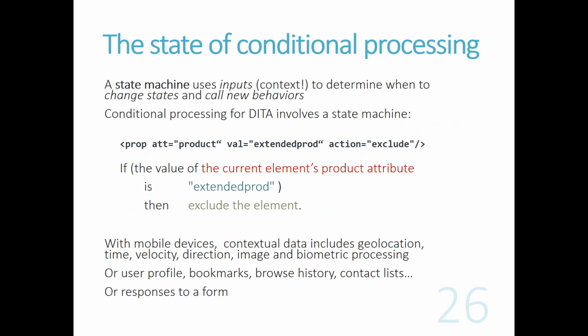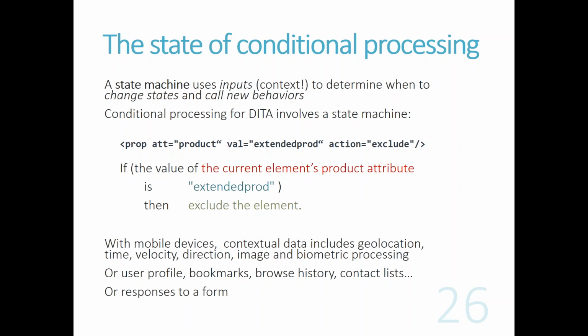When you read that in a human readable form, what that really is saying is if the value of the current element's product attribute is extended prod, then exclude the element. And you can see that it has a condition, it has a value that has to meet that condition, and then it has an action that's performed when those two things that you see within the parentheses are both true, then you can do the final thing.